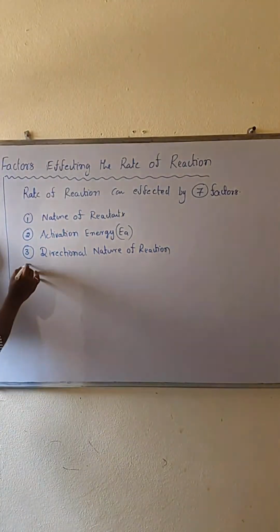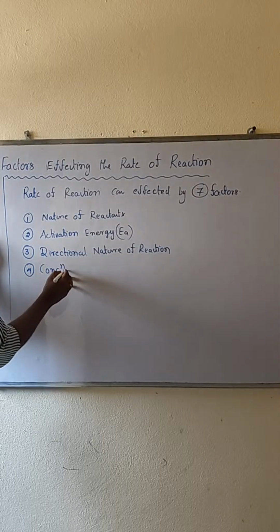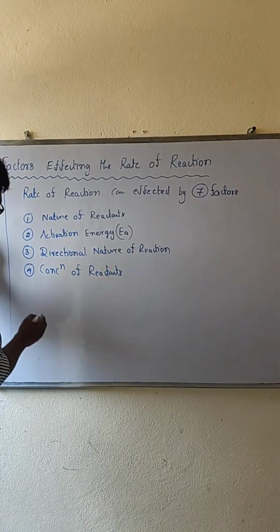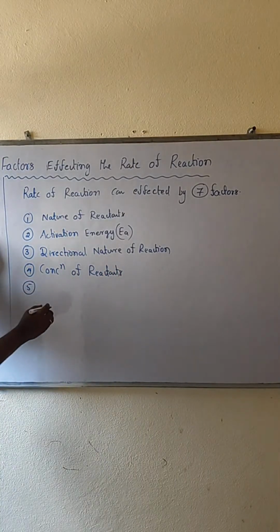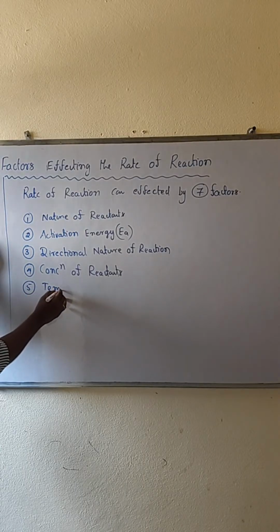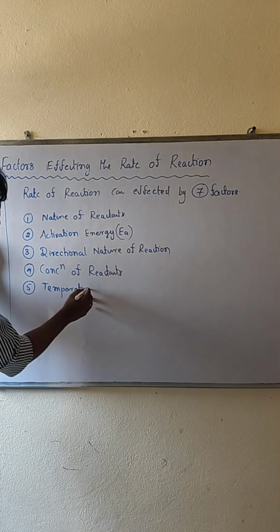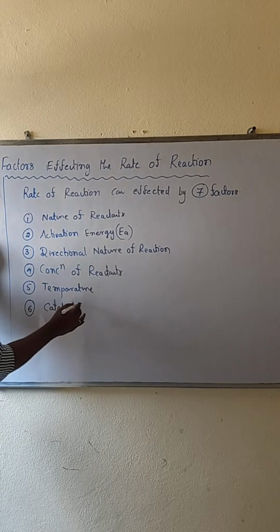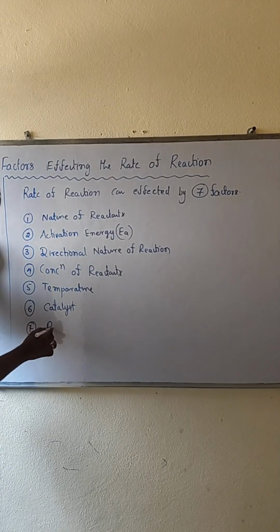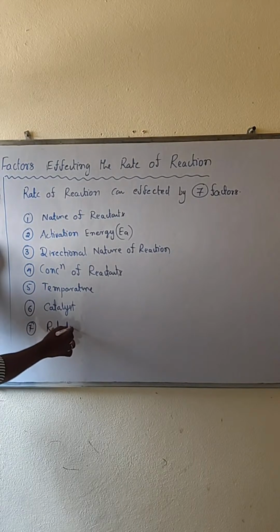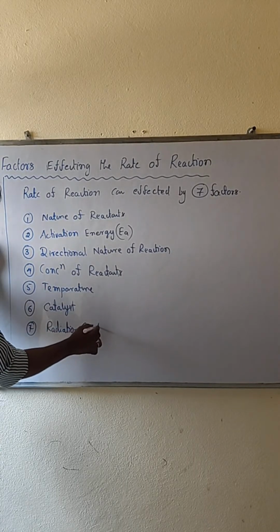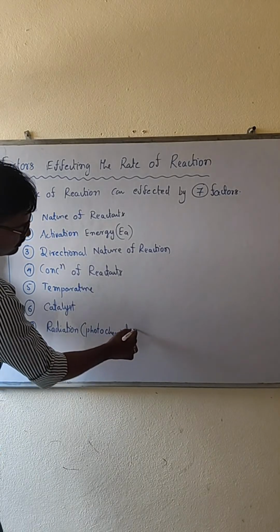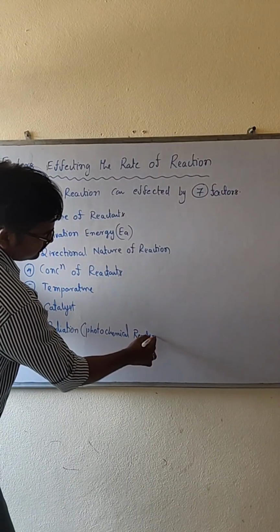Then number 4, concentration of reactants. Number 5, effect of temperature. Then number 6, catalyst. Number 7, radiation. This is for photochemical reactions; it is useful for photochemical reactions.